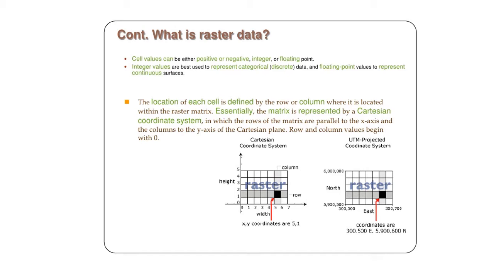It is maybe not in degrees, but all the coordinates are given. Let us say it starts from the extreme left corner at 300,000, and the extreme right of the x-axis in the east-wise direction is 300,000 and 700. So this is the way they are writing.